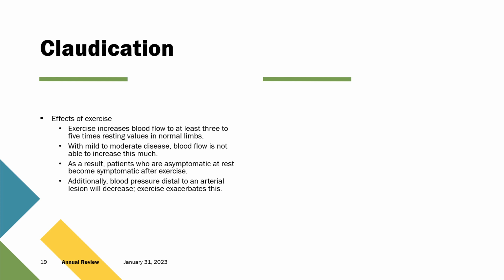Claudication. Claudication occurs when you have a critically significant stenosis and you exercise. A lot of our critically significant stenoses, while they still have a significant stenosis, change the hemodynamic effects. You're getting that increase in velocity. You're getting a little bit of turbulence post-stenosis.